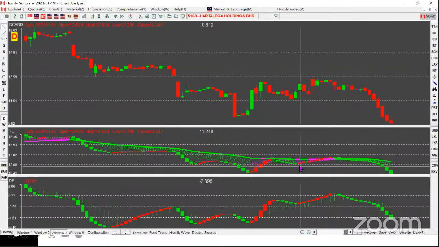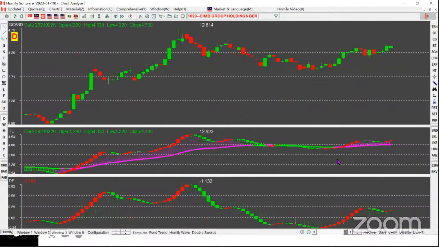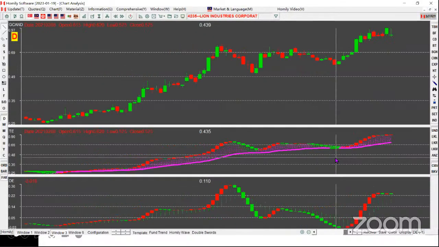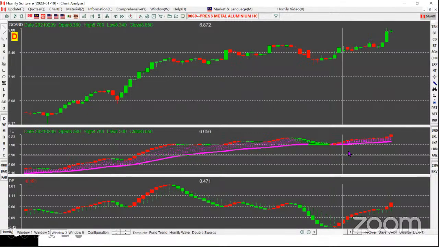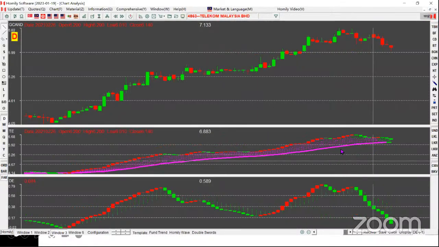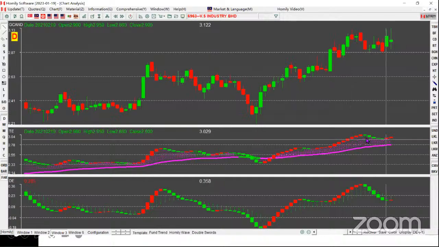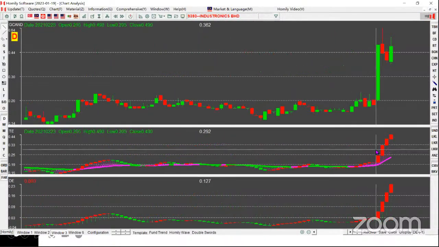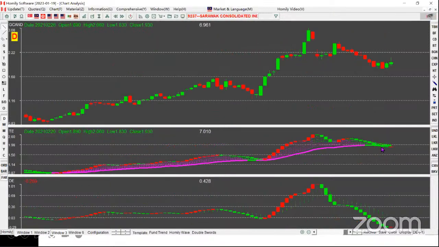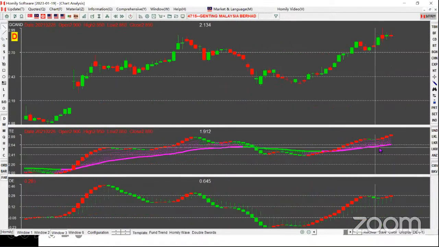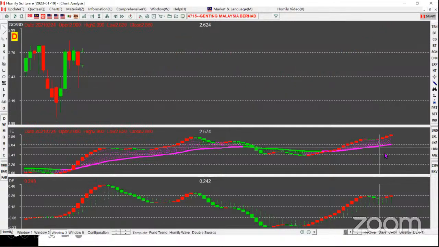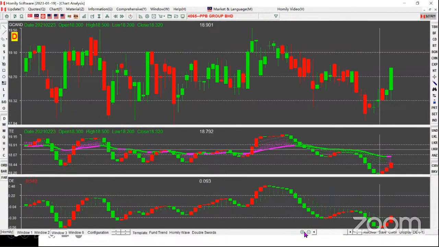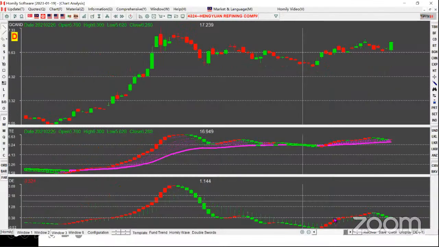Most times they turn red the same day, but sometimes not. We check some downtrend stocks. By downtrend stock, I mean the columns need to be below the line. This case is all uptrend. Okay, maybe I go back to the history.